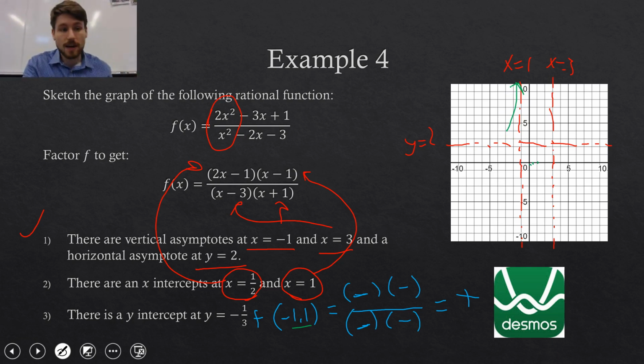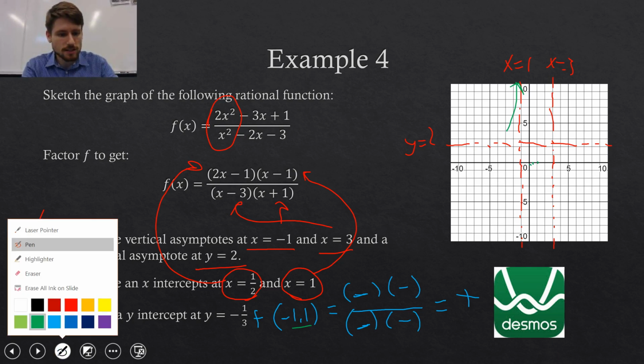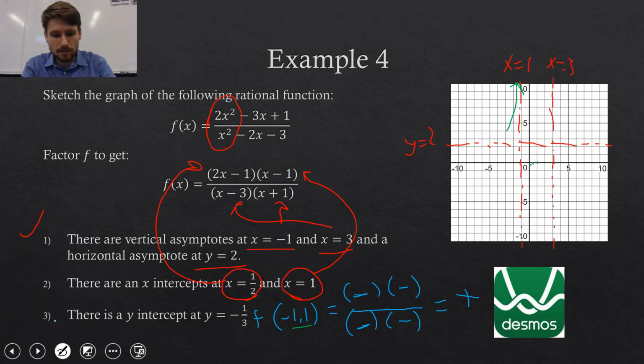And we'll do the same thing on the right side of -1, the left side of 3, and the right side of 3. So let's look at something just to the right of -1. We're going to look at f of -0.9.